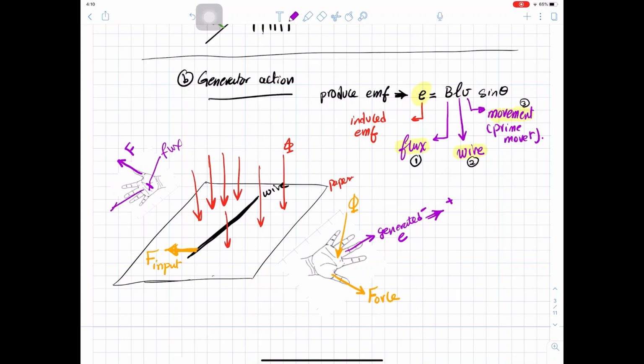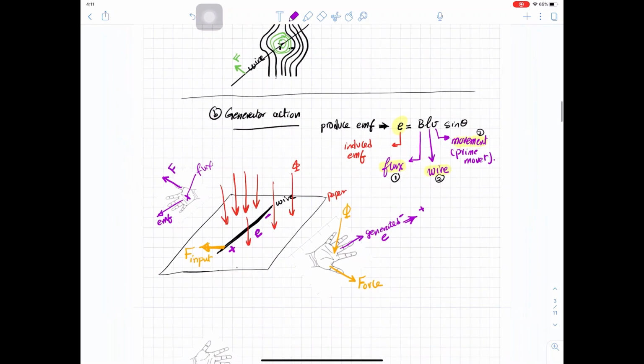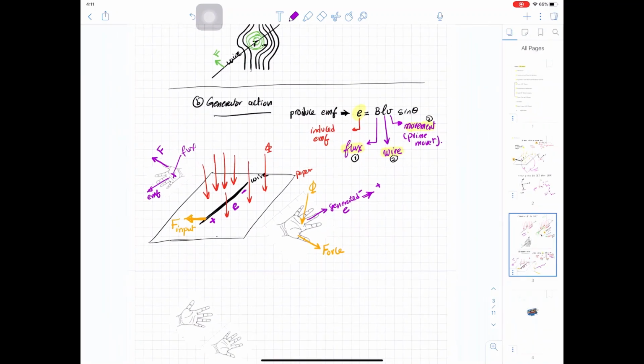So the EMF will be in this direction, which means we will have negative and positive E here. And the value for this E is BLV sine theta. And this is called generator action.